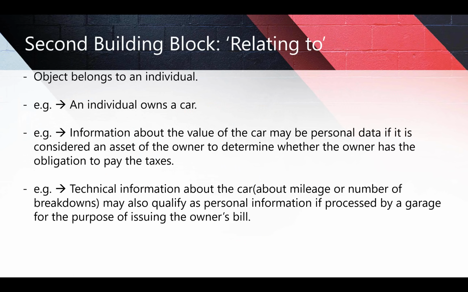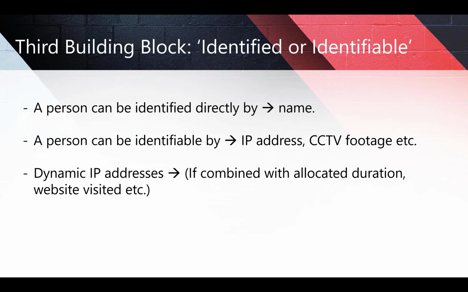So we discussed these terms. I gave you the example of a car, and I also gave you this example of CCTV footage. All these four building blocks we discussed even apply to dynamic IP addresses.